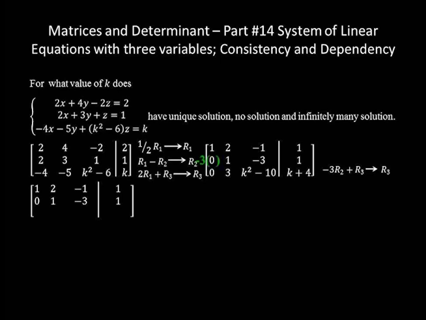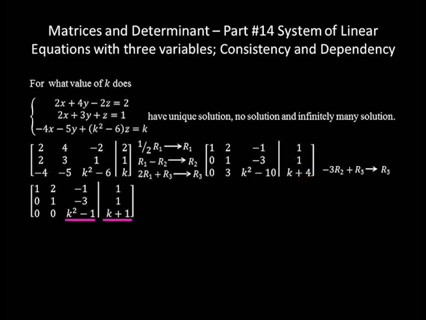Negative 3 times 0 is 0. 0 plus 0 is 0. Negative 3 times 1 is negative 3. Negative 3 plus 3 is 0. Negative 3 times negative 3 is positive 9. 9 plus k square minus 10 gives us k square minus 1. Negative 3 times 1 is negative 3. Negative 3 plus k plus 4 gives us k plus 1.